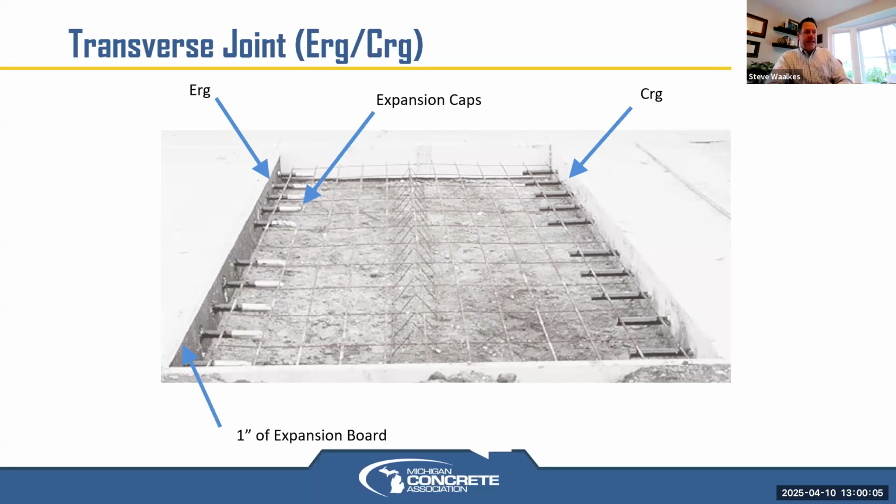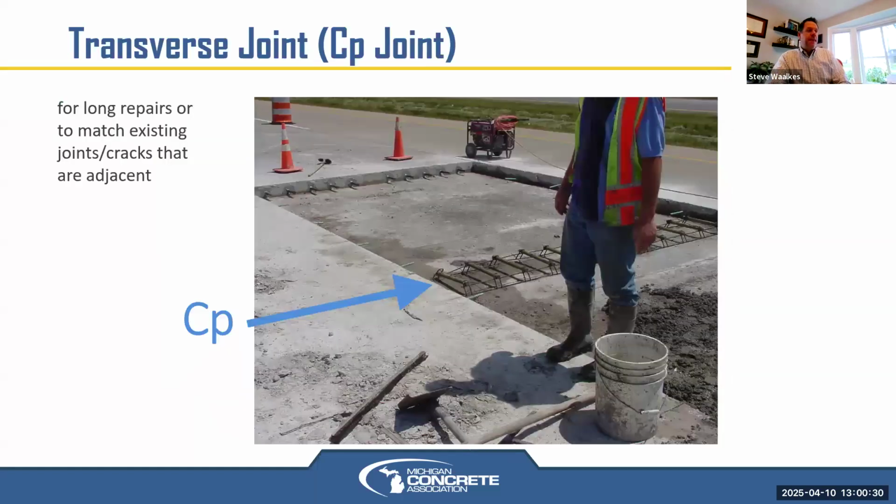There's a gap inside the cap before you get to the bar, and expansion paper against the existing slab on the left. The right-hand side has the CRG joints. You pay for that per lineal foot of joint. So even though there are 10 bars on each side, you pay for, in this case, 12-foot lanes. You'd pay for 12 feet of CRG joint on the right and 12 feet of ERG joint on the left. That's a separate pay item.